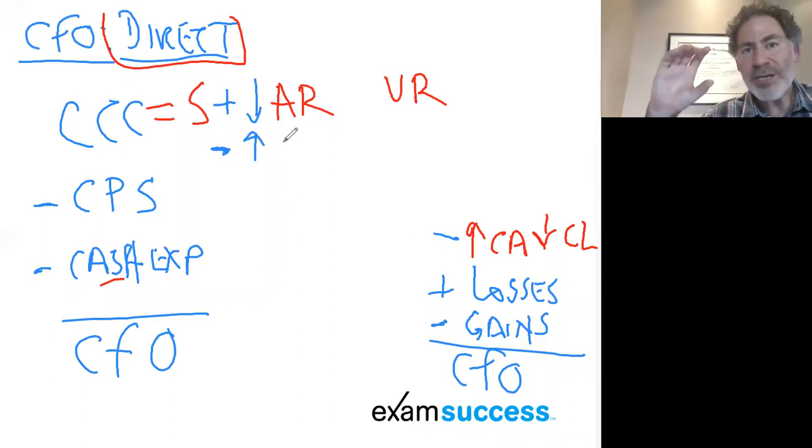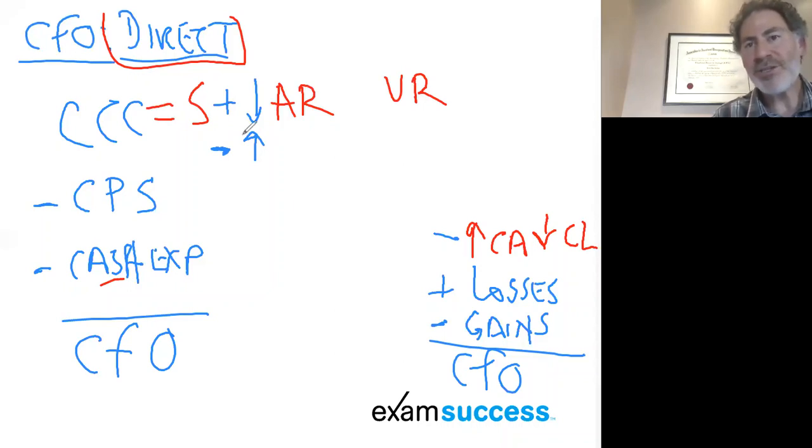If accounts receivable increases, that tied up my money. This is where the plus or minus change in accounts receivable comes from. I'm going to add an increase in the unearned revenue. Someone paid me in advance. That's cash I've collected. I'm going to subtract a decrease in the unearned revenue.